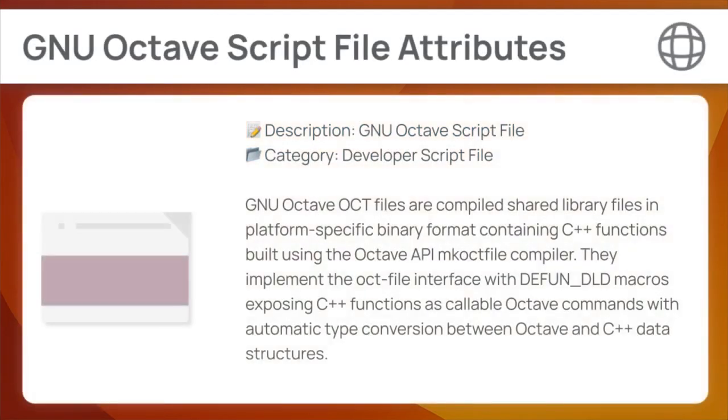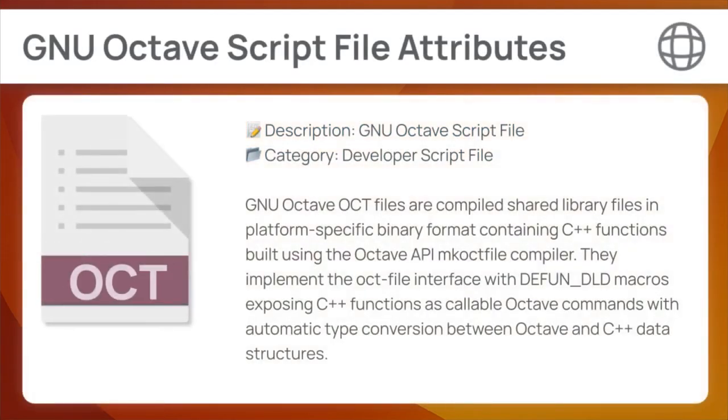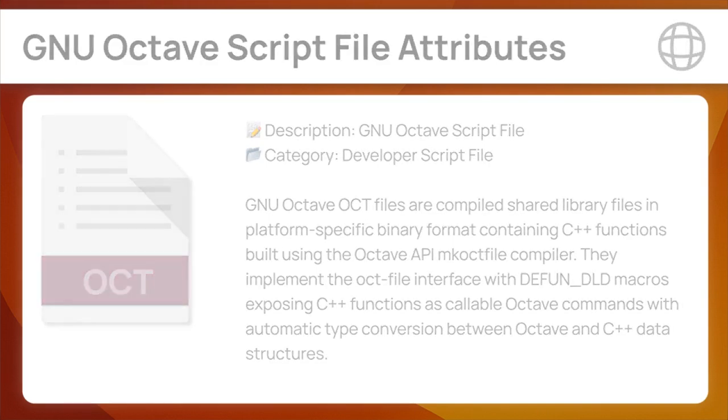GNU Octave OCT files are compiled shared library files in platform-specific binary format containing C++ functions built using the Octave API mkoctfile compiler. They implement the octfile interface with DEFUN_DLD macros, exposing C++ functions as callable Octave commands with automatic type conversion between Octave and C++ data structures.